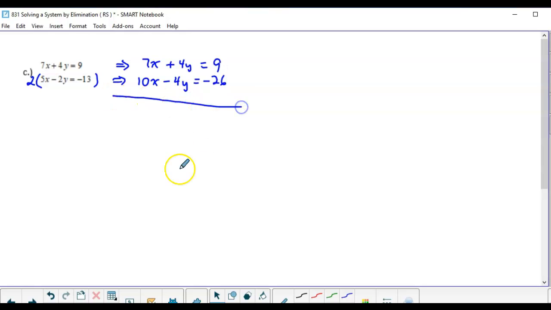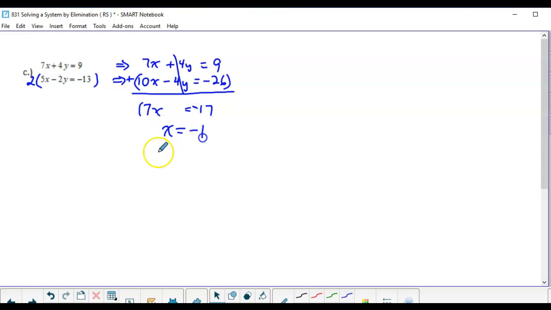And then I'm going to add those together because they're opposite in sign. So that's 17x, the y terms go away, equals 9 plus negative 26, which is negative 17, and so x equals negative 1. Then substitute into equation 1.